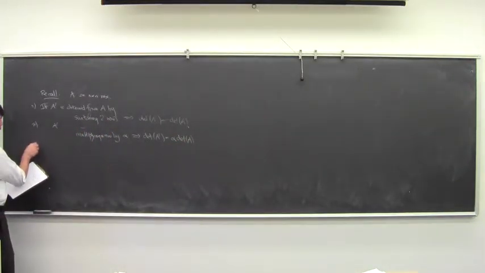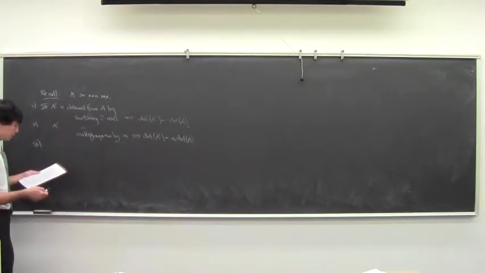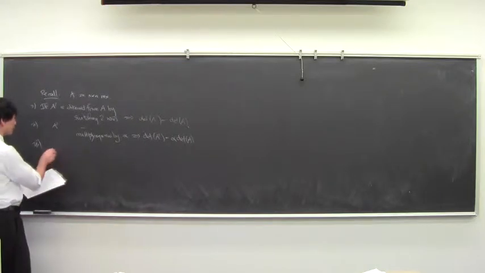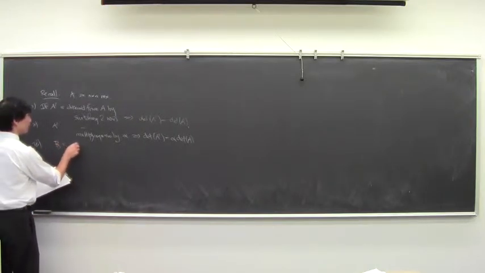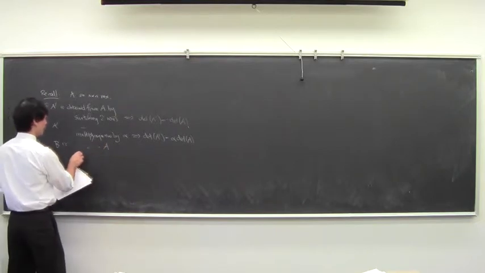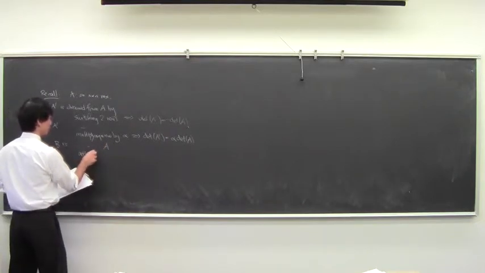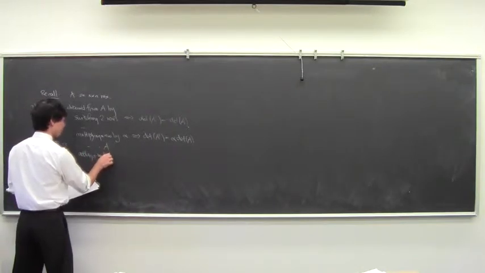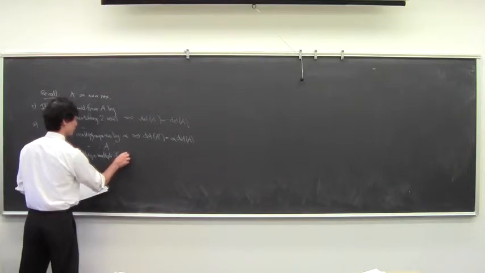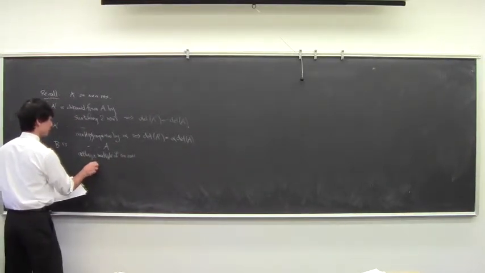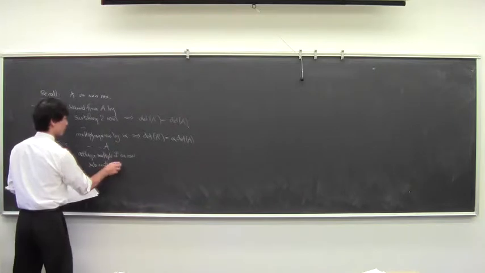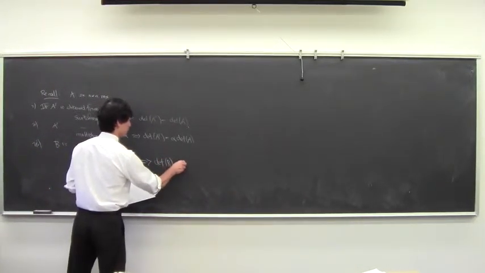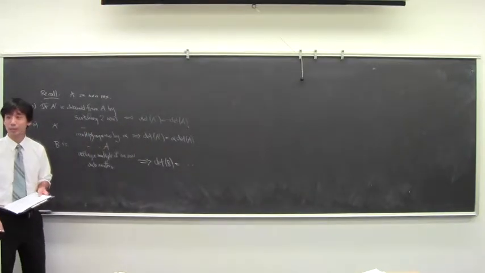And as you can expect, what we're going to say today is if you have a matrix B, which is obtained from A by adding a multiple of one row onto another, then the determinant of B is going to be, well, what do you think it's going to be?